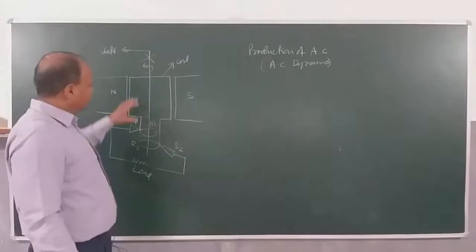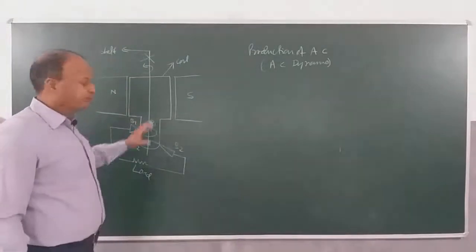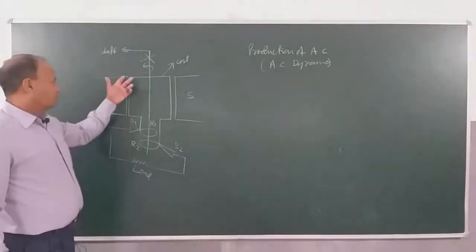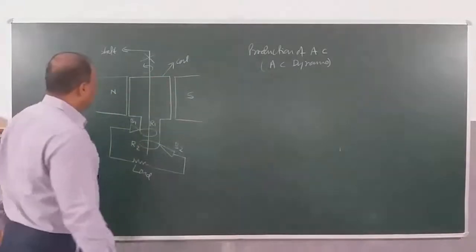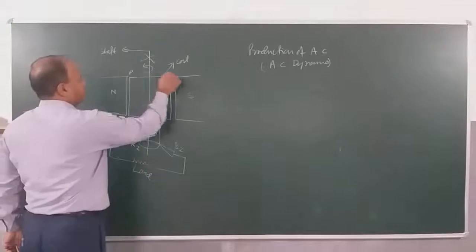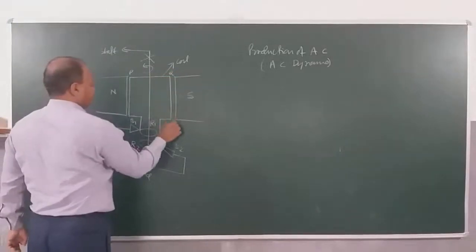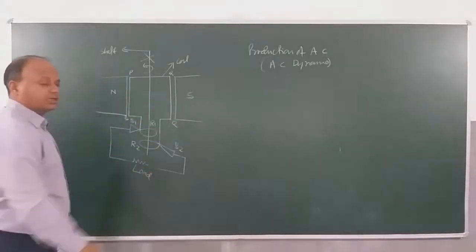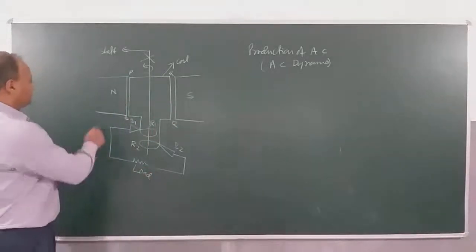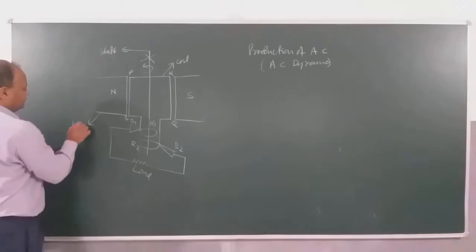We have constructed this AC dynamo. You can see this is the coil, copper coil. I'll call this coil PQRS. And N and S, the north and south poles, form the field magnet.